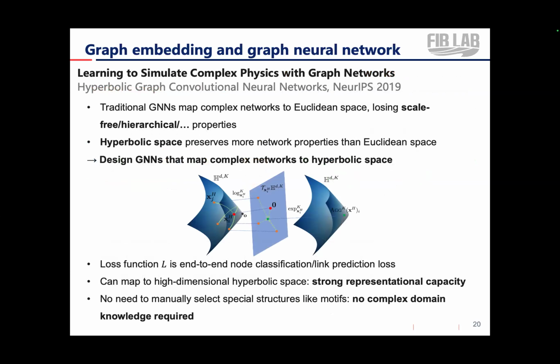And there is an example in a NIPS 2019 paper, which first used hyperbolic space to capture the high order interactions in network science. We think that is a very typical example of how we can design a graph neural network that can map a complex network into a new hyperbolic space.